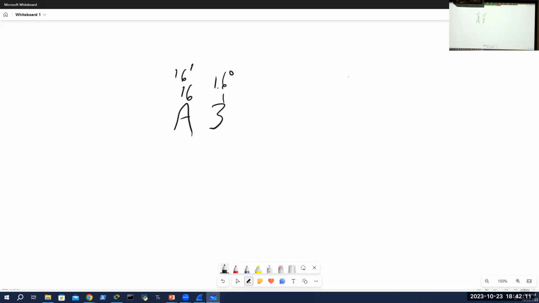So all we need to do to convert this to decimal is multiply A times 16 and 3 times 1 and add them together. A is 10. So this is a fairly easy one. 10 times 16 is 160, and 3 is 3. So this would be 163 in decimal.